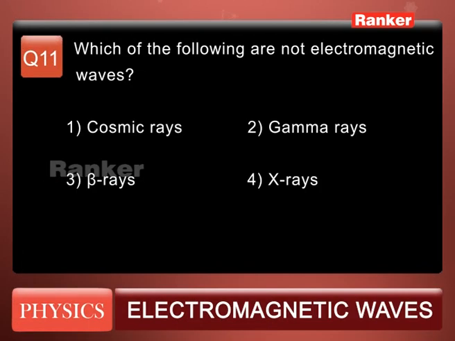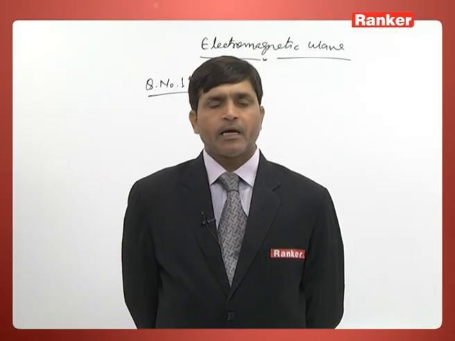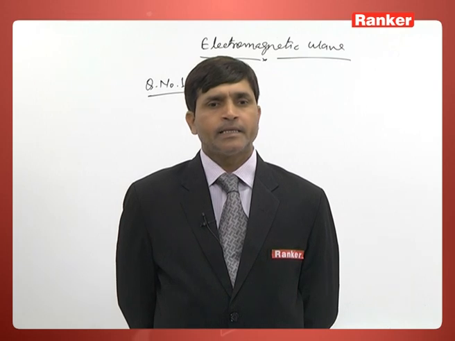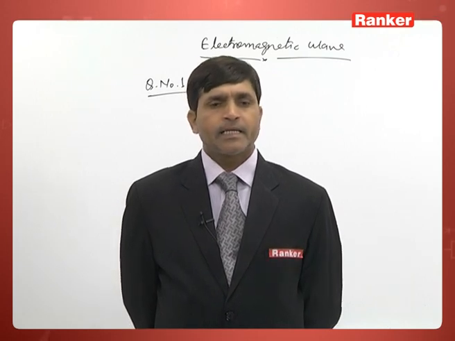Question number 11. Which of the following are not electromagnetic waves? The first option cosmic rays, second option gamma rays, third option beta rays, fourth option X rays. In these 4 options, except one, the other 3 are radiations.